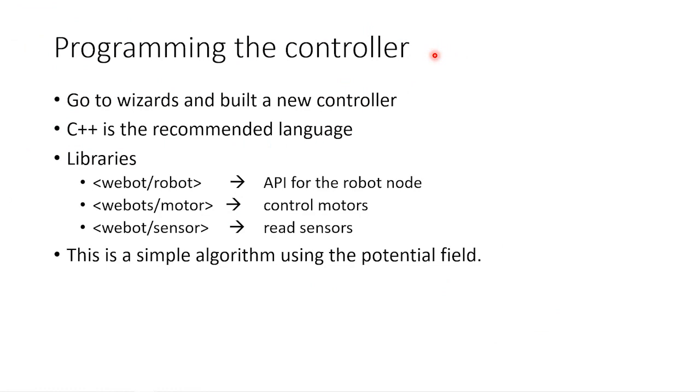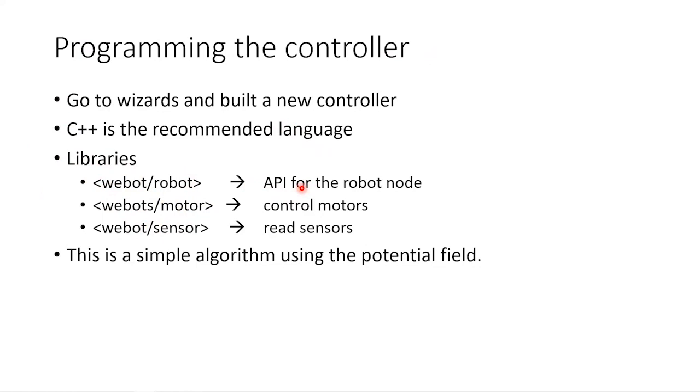We can write the controller code, and the controller code will control our robot. In C or C++, we have to call a library called the Webots robot library. This is an API of the robot.